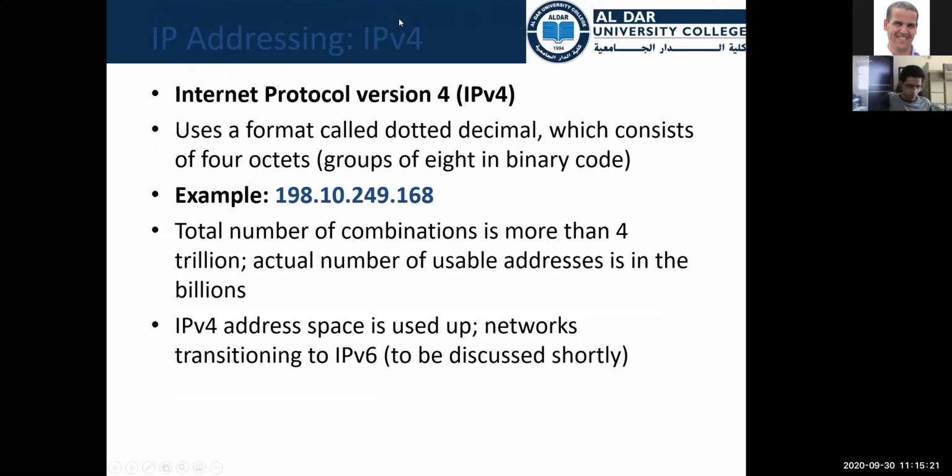For Internet Protocol version 4, we put the IP number in dotted decimal format. What is the dotted decimal format? Each part has 8 bits, or a byte, and the parts are separated by dots.